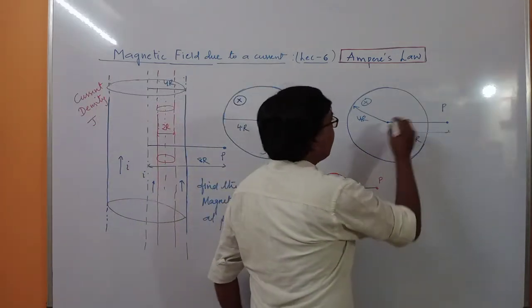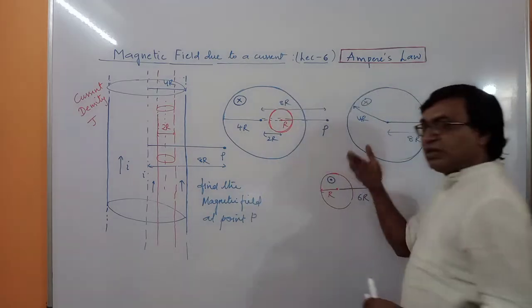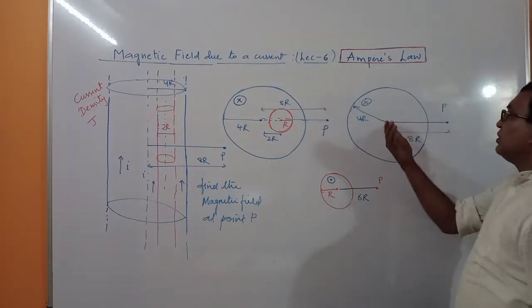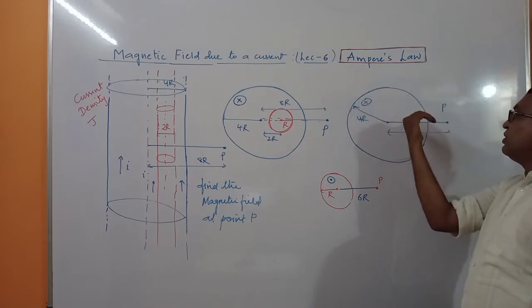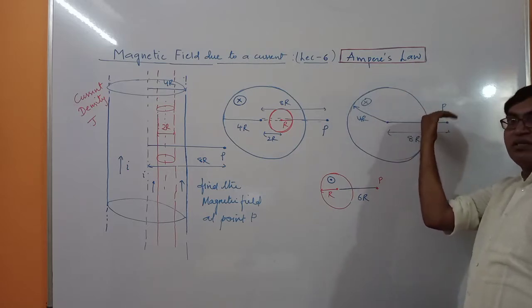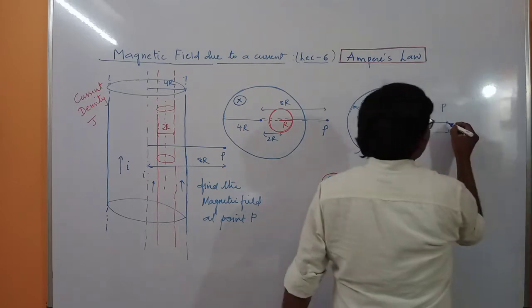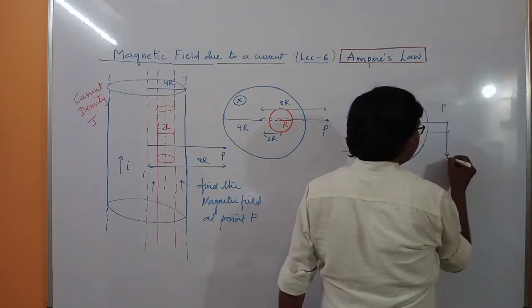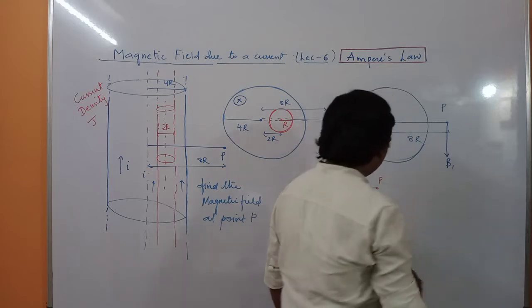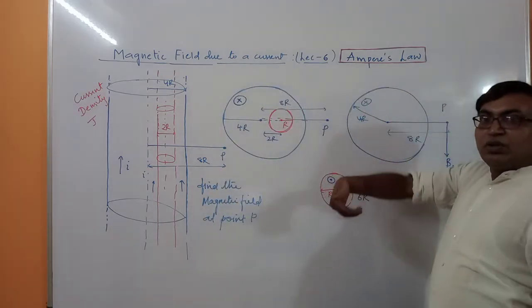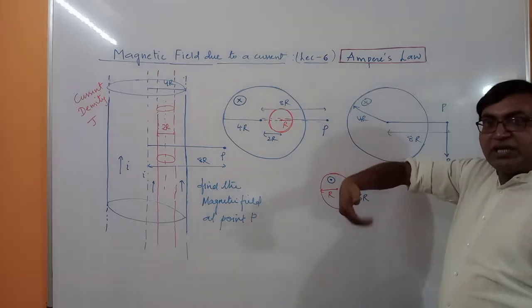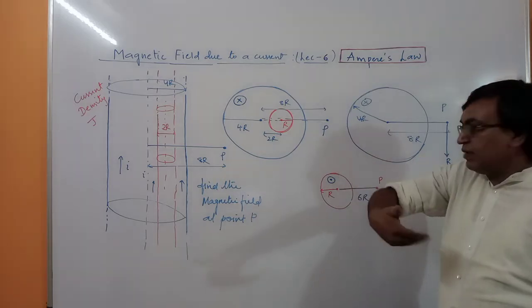So if you use the right hand thumb rule, current is going inside, fine. So current is inside the board, so the magnetic field is downwards here. So the magnetic field is along this direction. That is B1. And the magnetic field here: current is coming outside, so the magnetic field is in the upward direction.